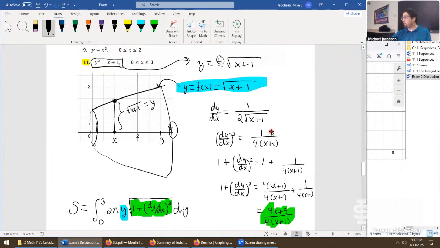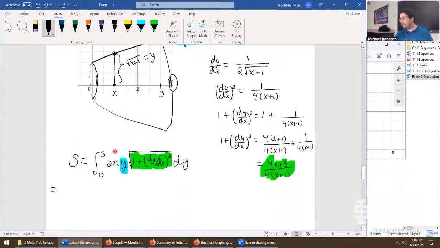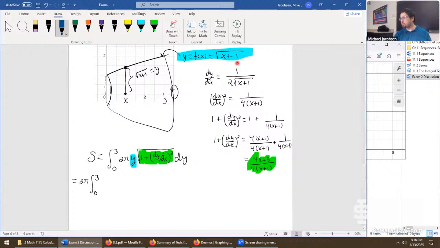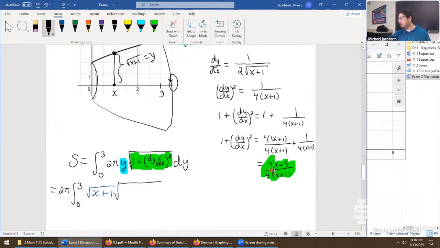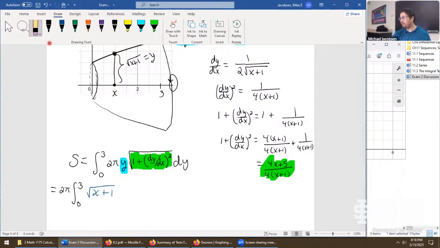Now that I'm looking at it a little bit closer, let's take the 2 pi. You don't have to, but you can chuck it out if you prefer. Go to 0 to 3. Y itself is root x plus 1. Then the square root in the black is now going to be, well, let's split this up a little bit.